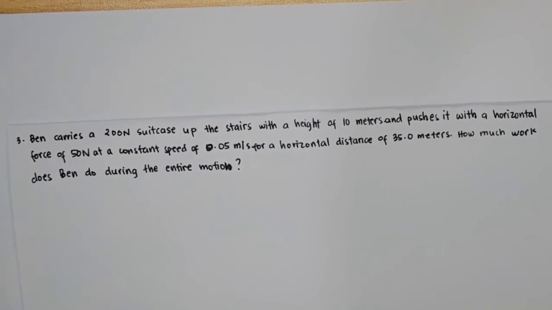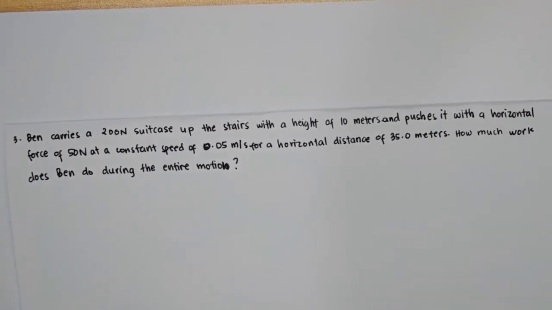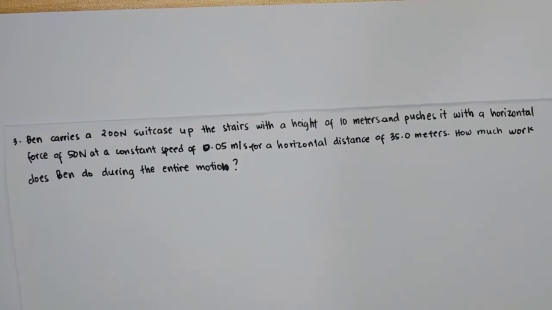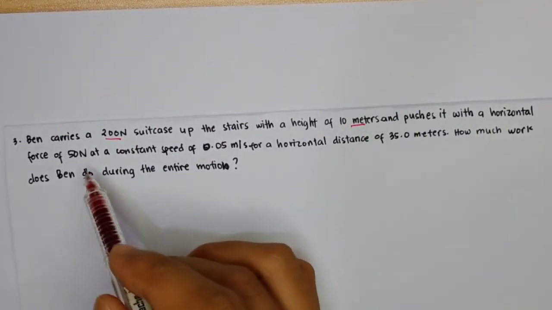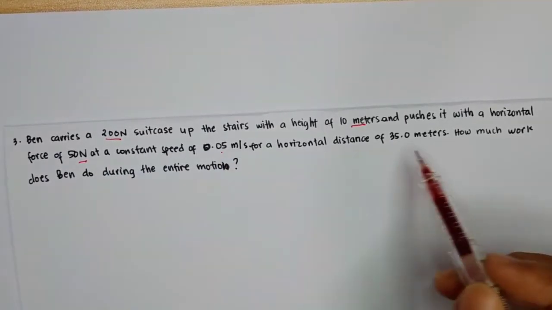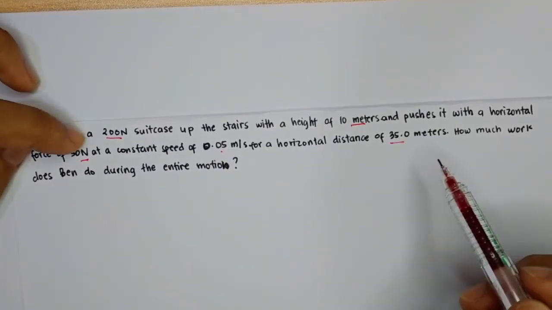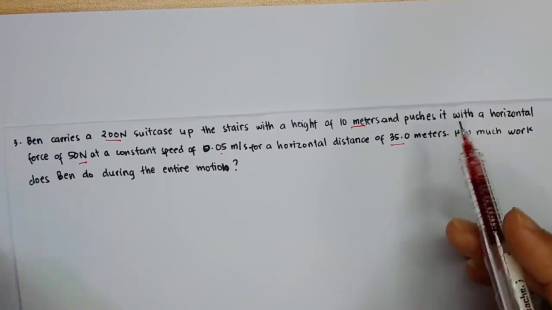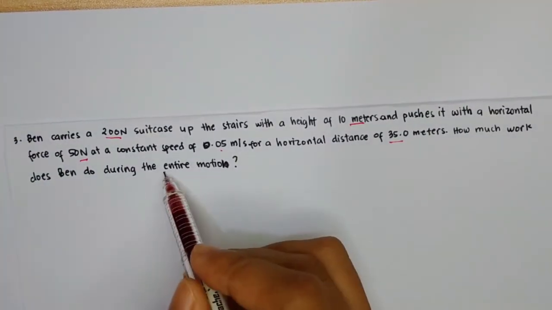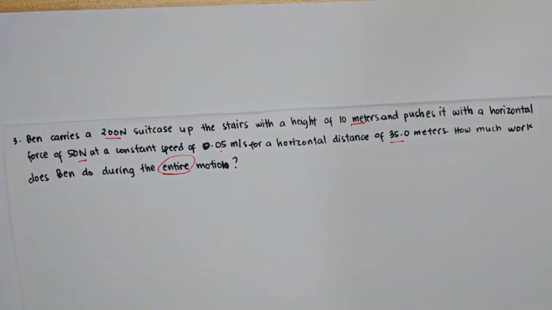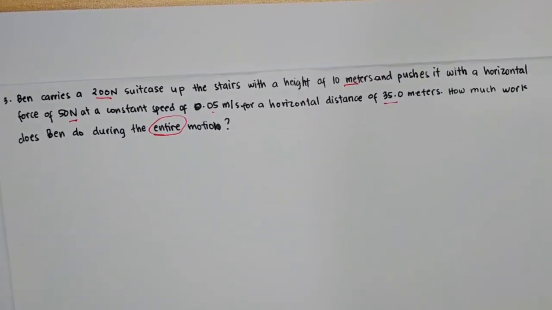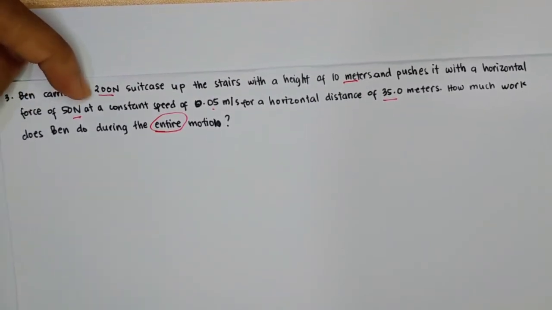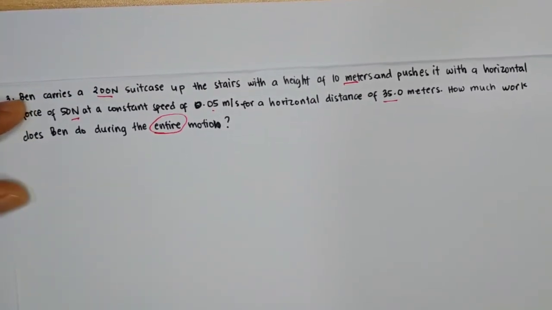Okay, again, let's identify our given. So first, as you can observe, we have 2 forces given and 2 distances. Since the entire motion is what we are looking for, or the work done during the entire motion, we're going to add the work done in the first motion, then the work done in the second motion.